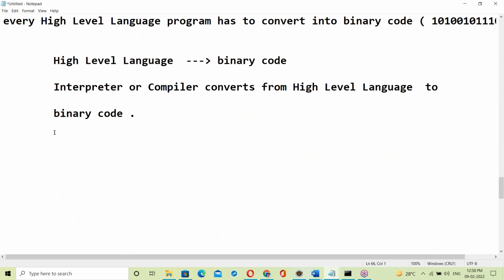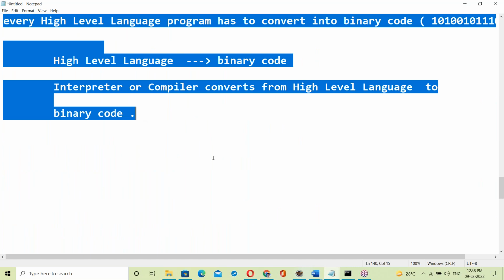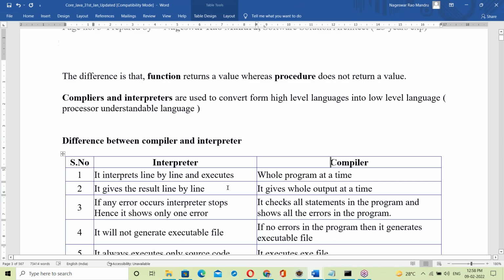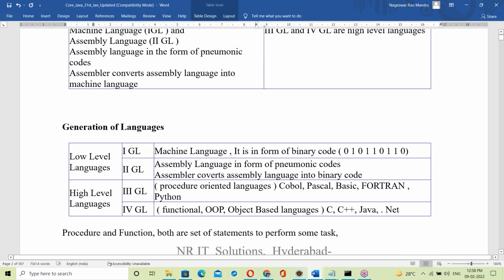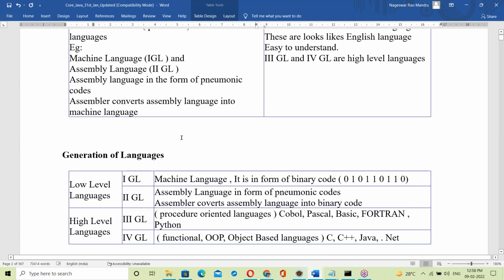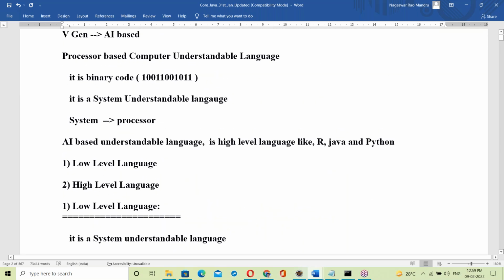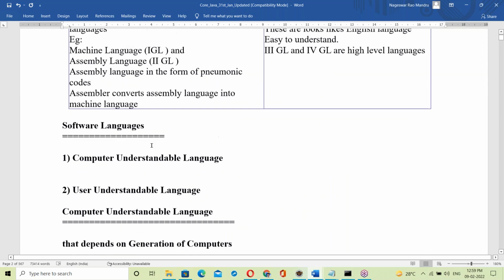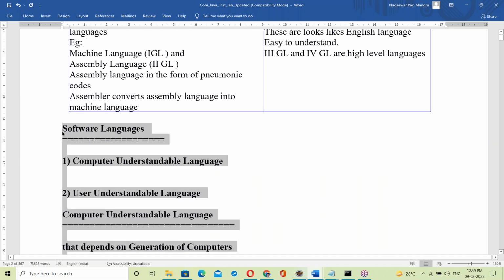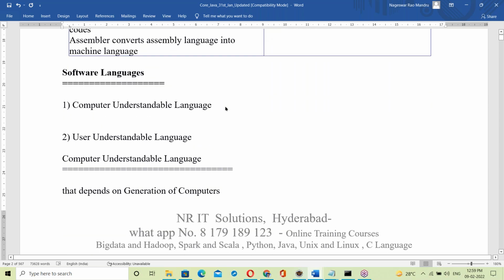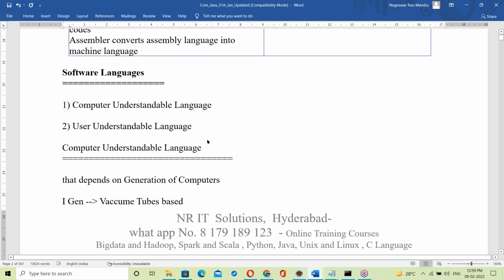This document does not mention it, let me add this. Languages: computer understandable and user understandable language.